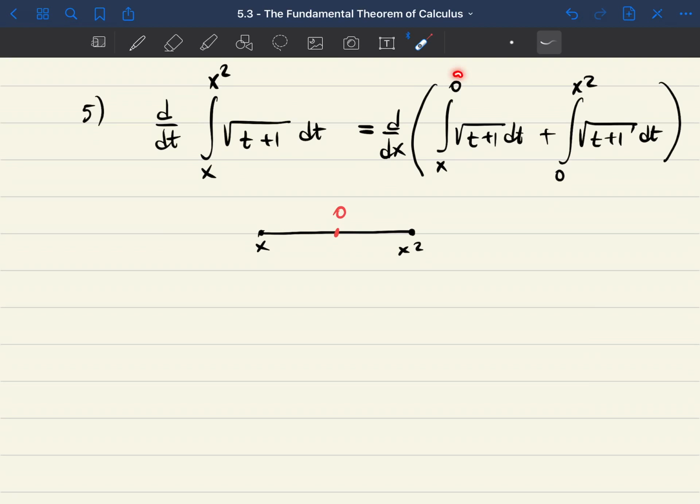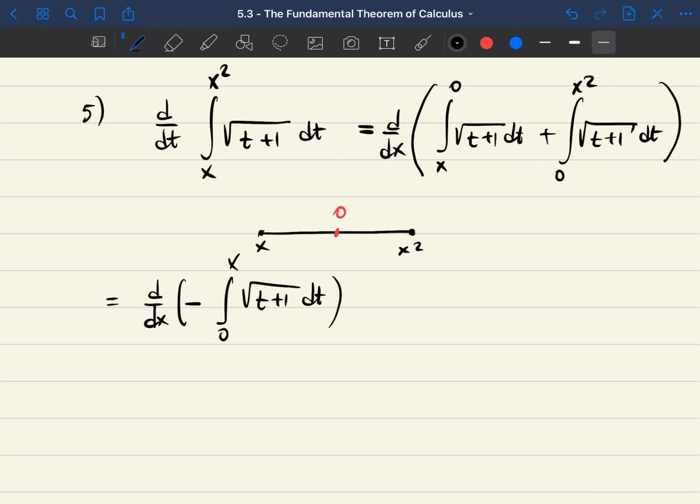But now since 0 is up here and x is down here, I have to switch x and 0, okay? And I have to multiply by a negative sign. So this is equal to the derivative with respect to x of minus the integral from 0 to x of root t plus 1 dt, plus the derivative with respect to x of the integral from 0 to x squared of root of t plus 1 dt.